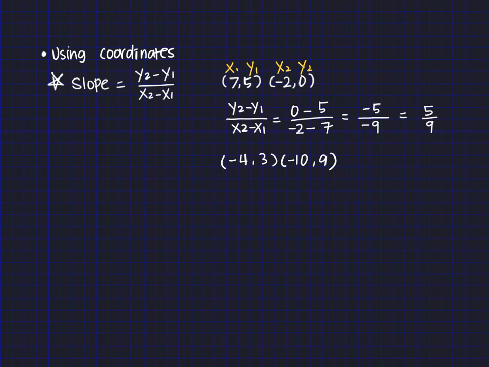And if it's confusing, you can always put x1 and y1 on top of your numbers like this: x1, y1, x2, y2. So let's go ahead and plug it in. Y2 is going to be 9 and y1 is going to be 3, over x2 is negative 10 minus x1, negative 4.